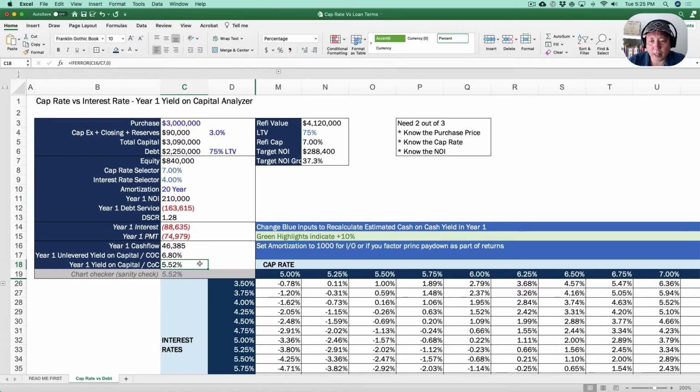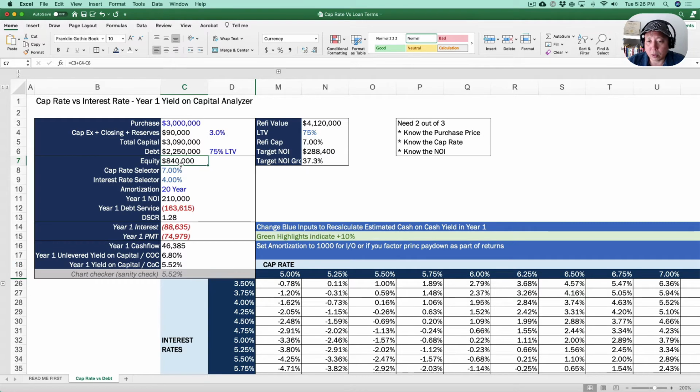They're like, well, why? I'm getting a loan. Why is my cash on cash lower? Shouldn't I be getting a higher cash on cash? It depends on how you're looking at cash on cash. If you're looking at it purely as cash flow that's coming into your bank account from this investment, then yes, your cash on cash will actually be lower if you use a loan in order to do this.